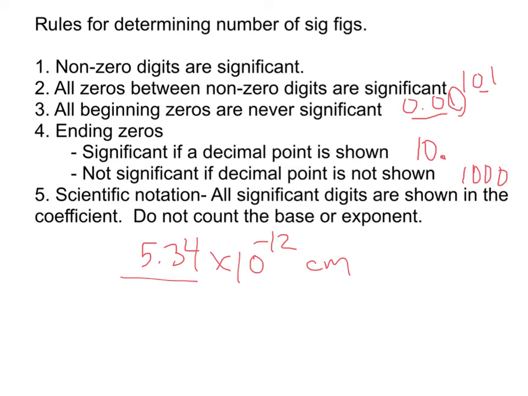If it's 5.340, then we know that 0 is significant. That would be four significant figures. That's why we always try to use scientific notation when possible and convenient, because it's not convenient to write 0.00000 times whatever.